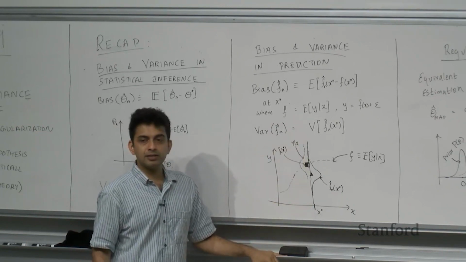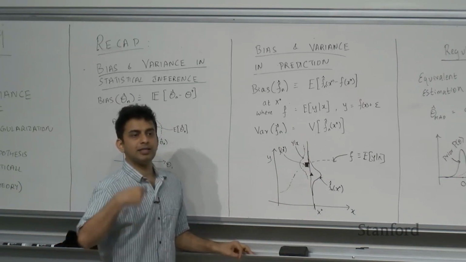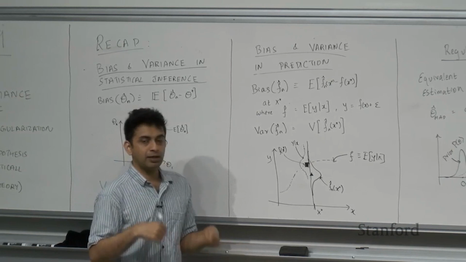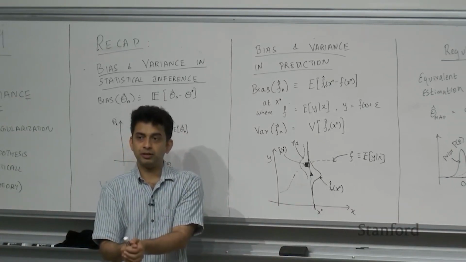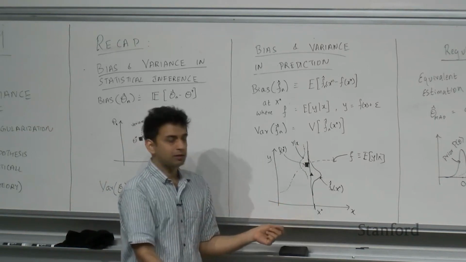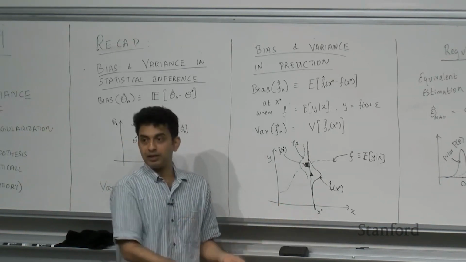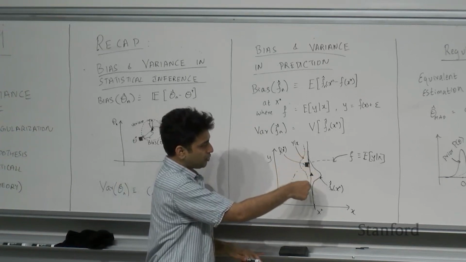And what we see is, just like before, if we repeat this sampling process where we collect a new set of n examples, construct a new model using the new set, and make a prediction on the same x star using the new estimator, it's going to be a different prediction. And the set of all those predictions is going to follow some distribution.